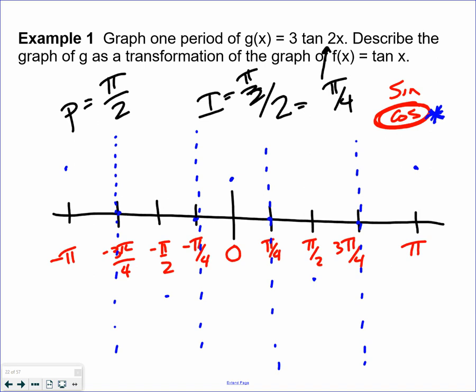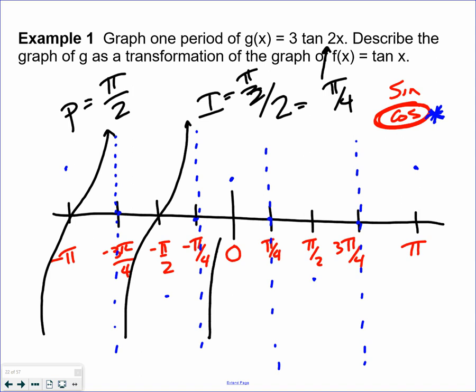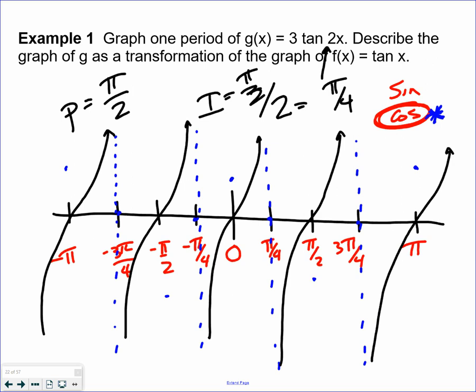And so now here's the finale. Here's the tangent graph. Tangent graphs start low, go through the midline, end high. Low, through the midline, high. Low, through the midline, high. And notice it doesn't actually cross any of the asymptotes.